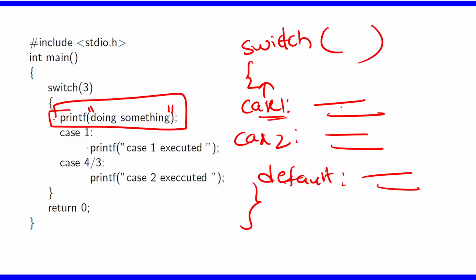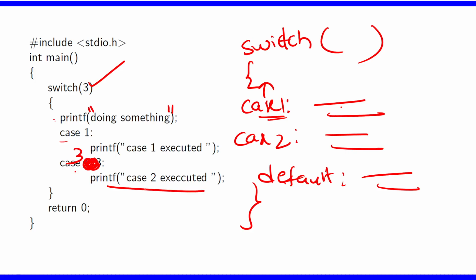So in the output, suppose this was a valid program, if this was case 1 and case 3, since we are passing 3, case 3 executed will be the output, because that is matching. Though there is a matching case, the valid programming statement is there in the program.